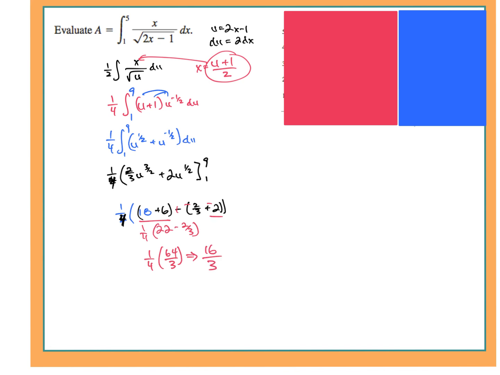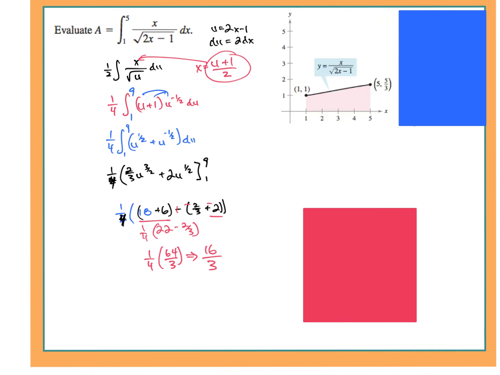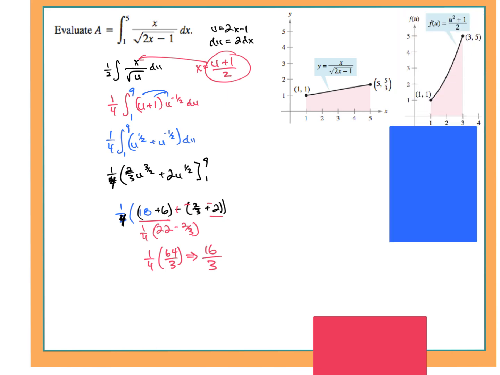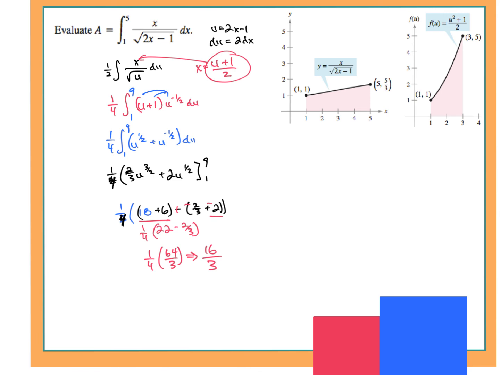So the area under my curve from 1 to 5 of that initial one is going to be 16 thirds. When I do it in terms of u, it looks like this, but I would still have the same area under my curve. All right, let's keep moving.